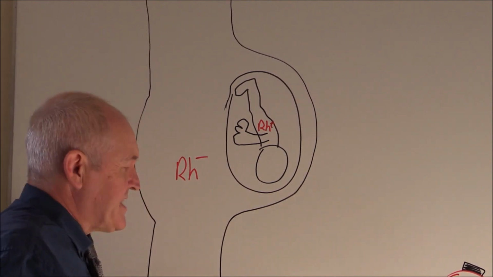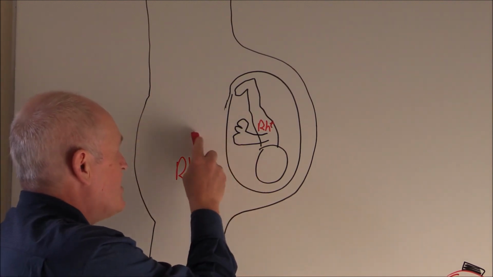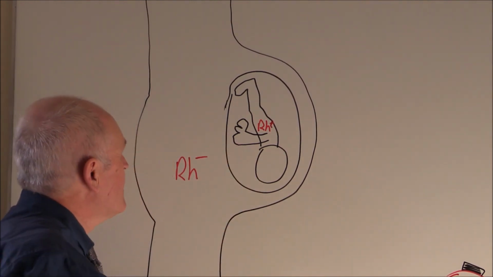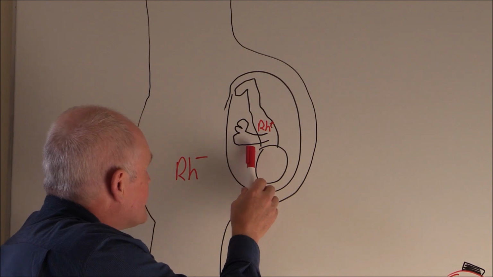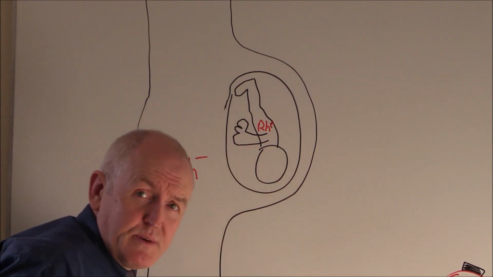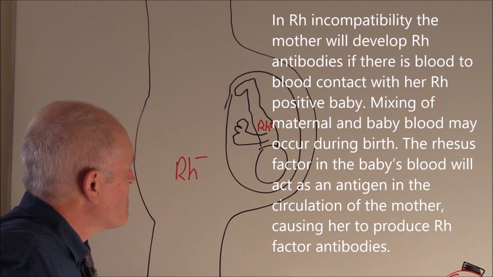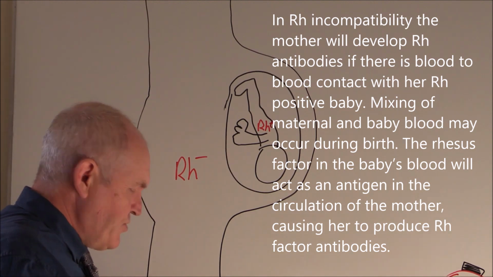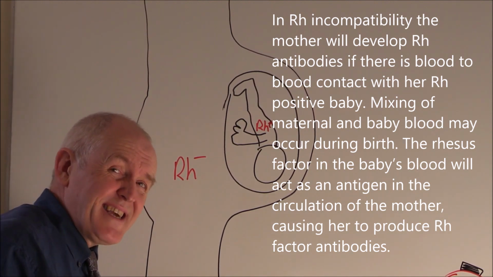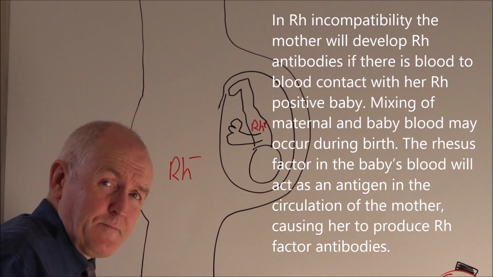Now the risk is that we get feto-maternal haemorrhage, blood leaking from the fetus into the mother's circulation. Now, this doesn't usually happen in the first part of pregnancy, but it can happen towards the end of pregnancy.